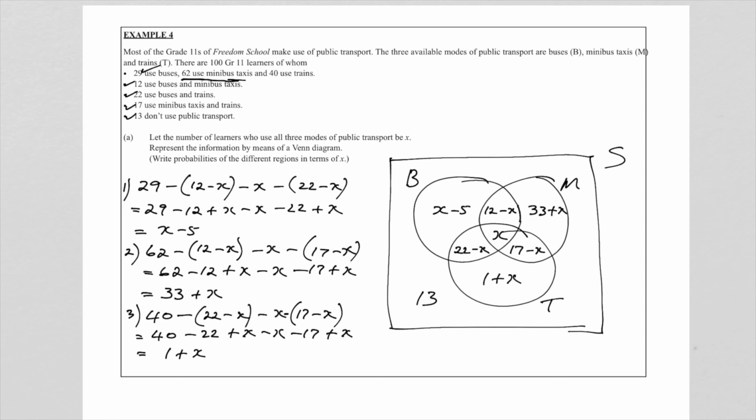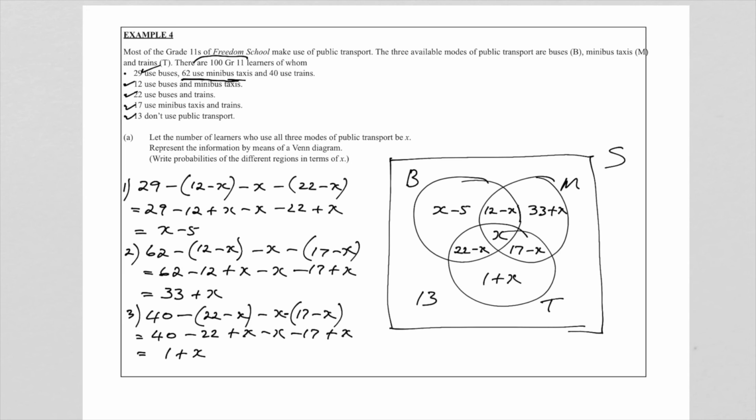We are going to take this one plus that, plus 22 minus x, plus this one, plus this, plus the 13. Remember not to leave this out. And that must give us a total of 100, because that is our sample space, it is 100.